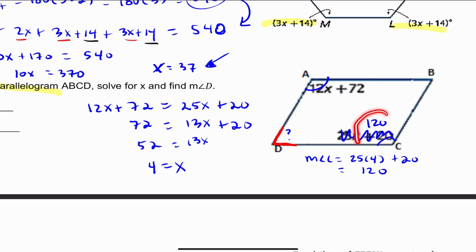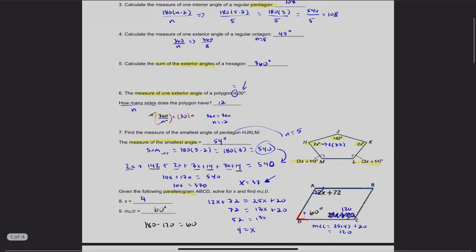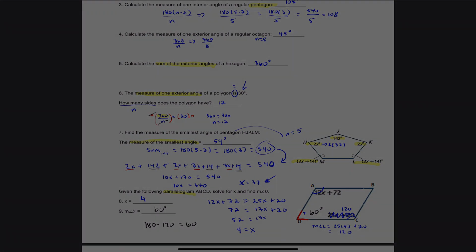So I'm going to do 180 minus 120 degrees, which is 60 degrees, and that's the answer for the measure of angle D. That's 60 degrees. So that is the first page of the Unit 6 test review.